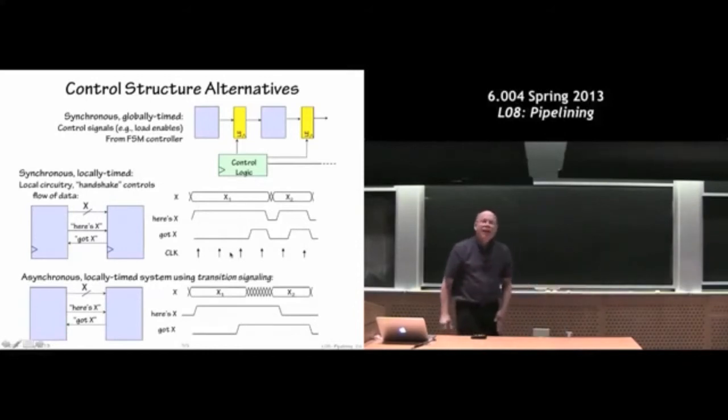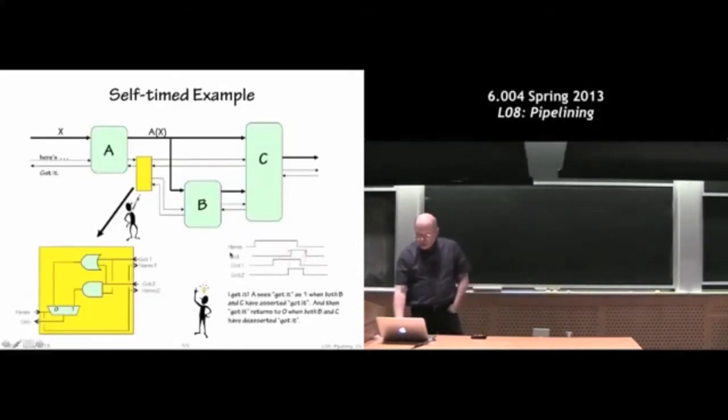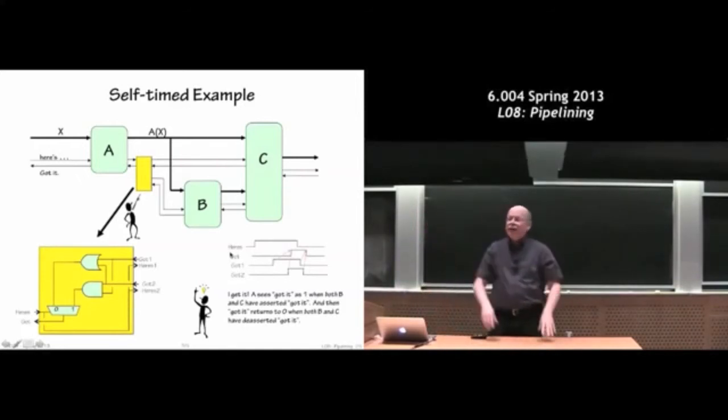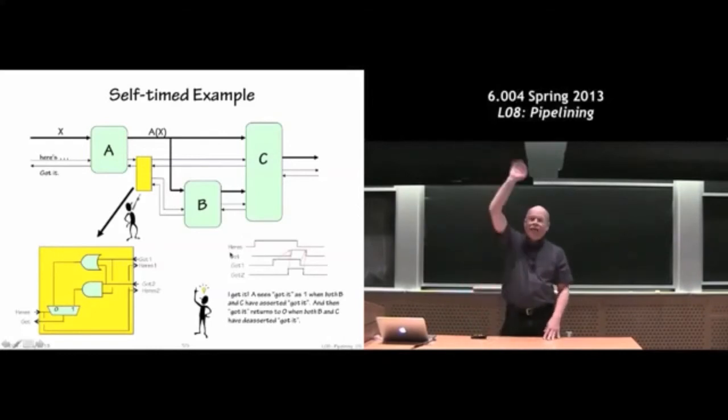So that's how these asynchronous self-timed circuits work. What would happen if there were two of you I had to deal with? Let me borrow you as the second person. So I have data and I'm sending it to two modules. Eventually you both acknowledge, so I'm looking for the AND of those two signals. When you both have it, then I can say, aha, everybody's gotten it.